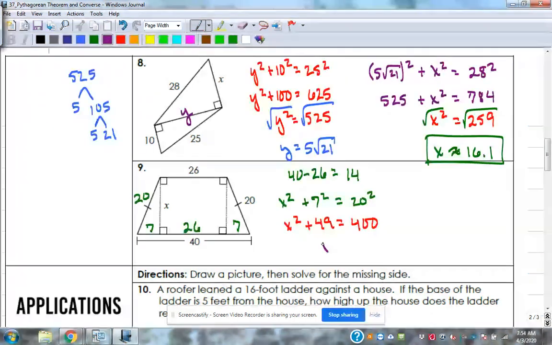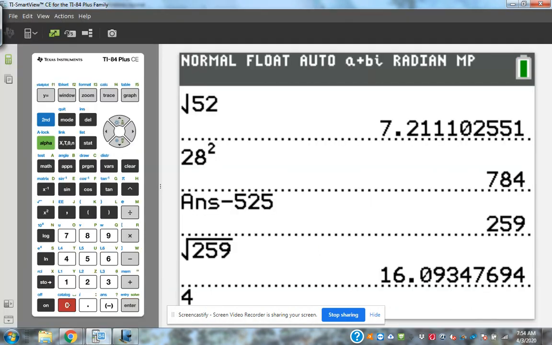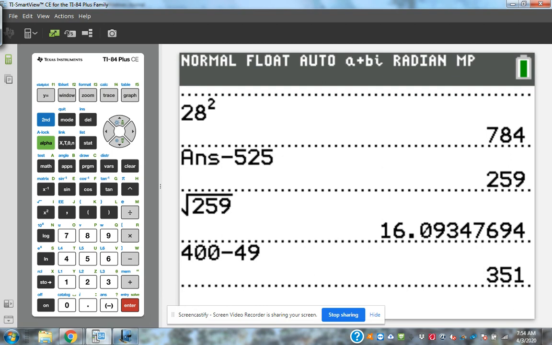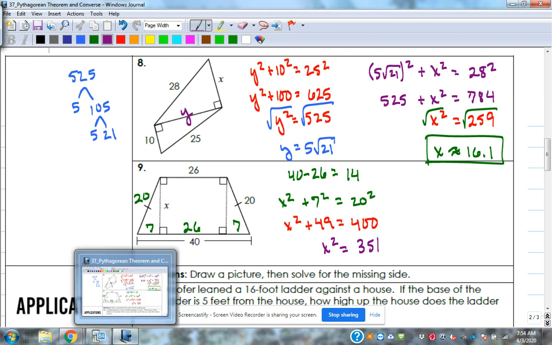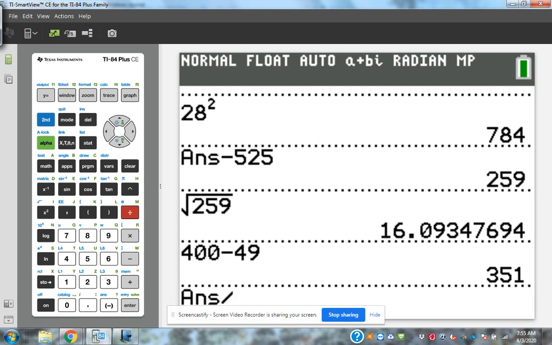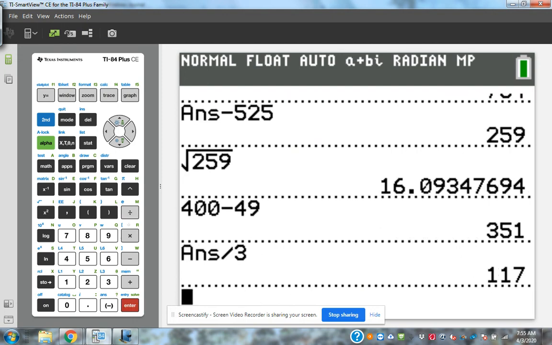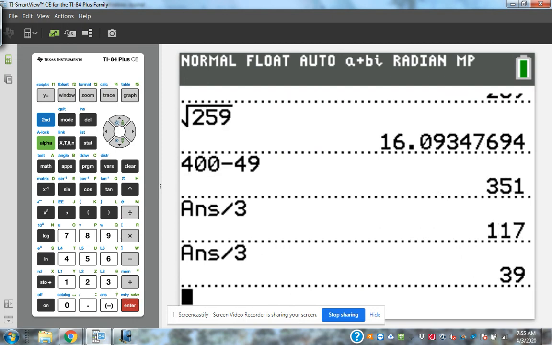Subtract 49. 351, and then 351 is divisible by 3, so I'm going to try to break that down. That's divisible by 3.